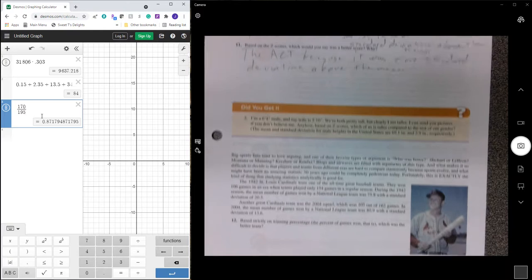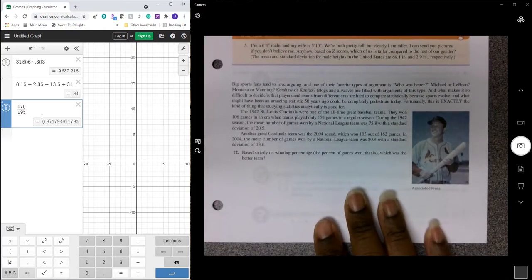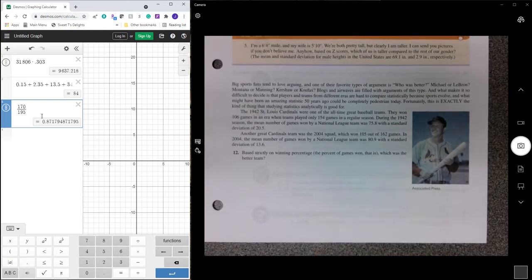Now it says big sports fans tend to love arguing, and one of their favorite types of argument is who was better, Michael or LeBron, Montana or Manning, Kershaw or Koufax. Blogs and airwaves are filled with arguments of this type.